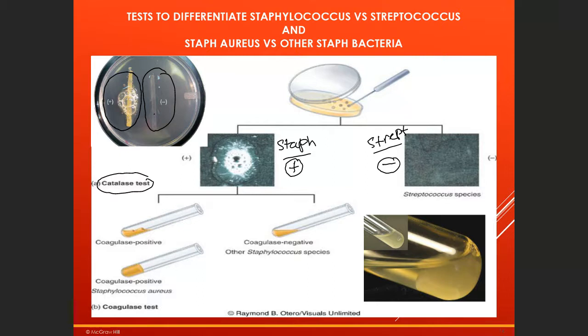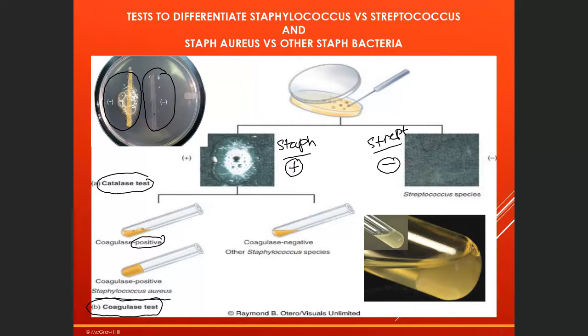After we get the positive test, we can perform another test to find out whether the bacteria is Staphylococcus aureus or another Staphylococcus, using the coagulase test. When it is positive, it means this bacteria is Staphylococcus aureus.